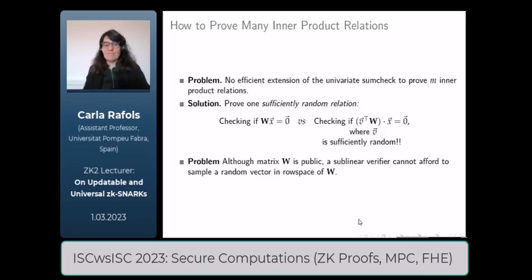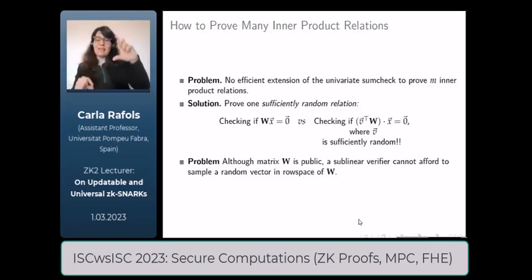The problem is, this doesn't really solve our problem, because although the matrix is public, so the verifier could compute this collapsed matrix himself, in general this takes linear time, right? The verifier cannot afford to check that, given the matrix W, this is a vector in the row span of W, because that's too much work for the verifier, because we want the verifier to be constant.